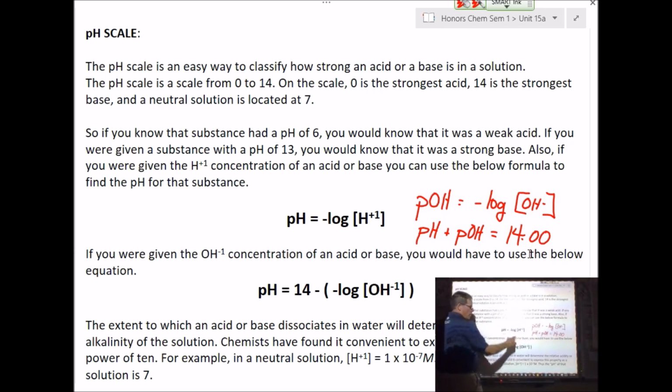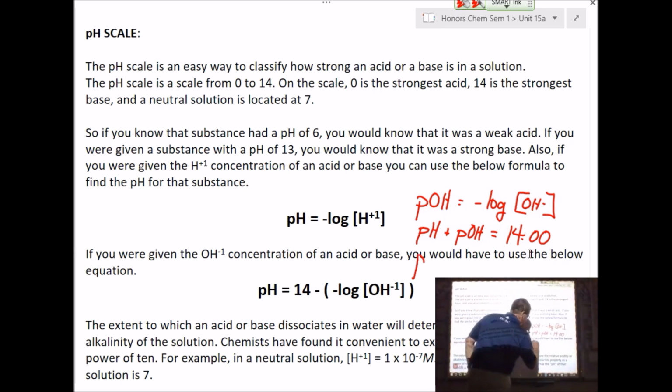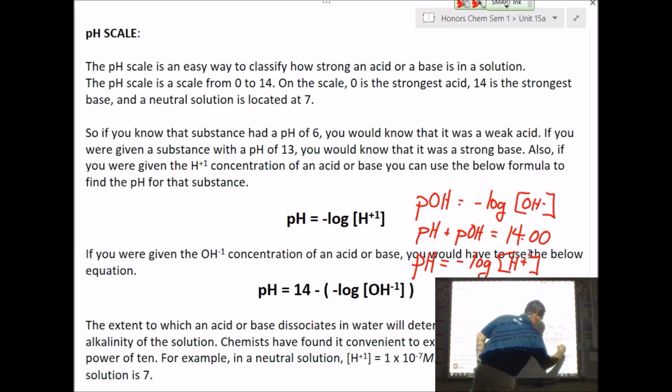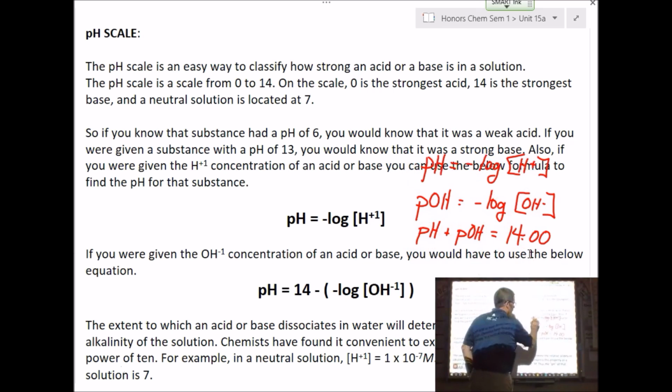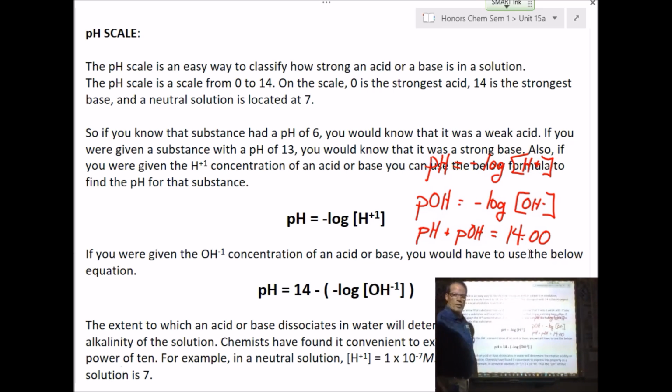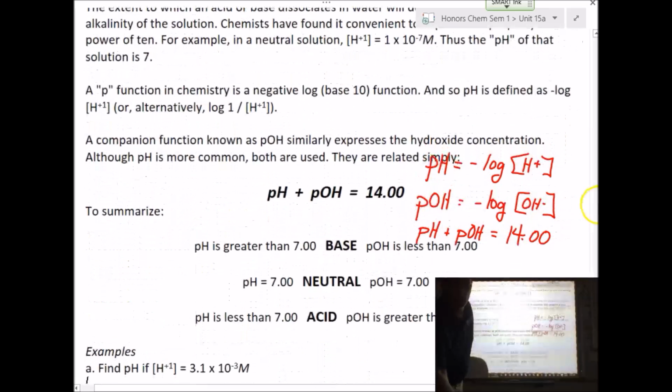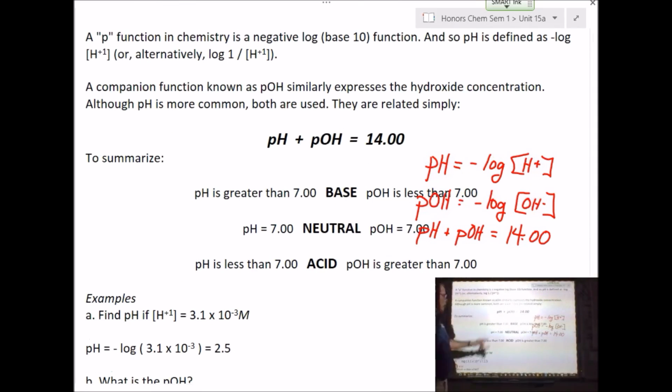Obviously, you're going to have this one, which is pH is equal to the negative log of the hydrogen concentration. And there you have your pH plus pOH equals 14. I'm writing those out because when we get to the calculations, they're going to be super fun to use.